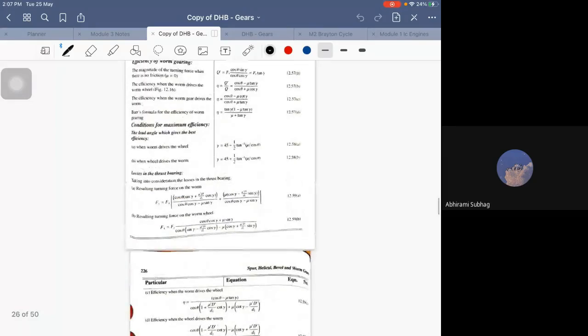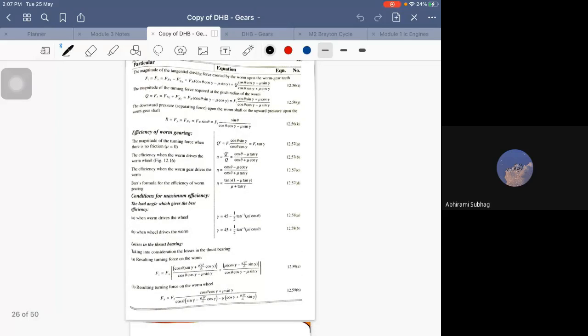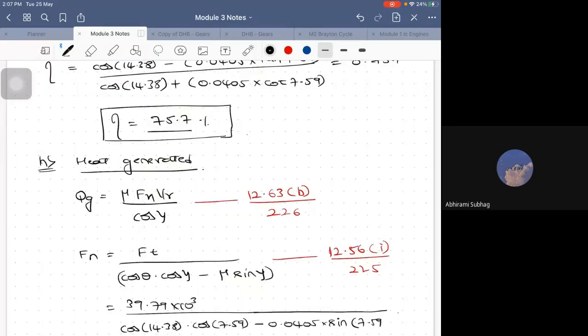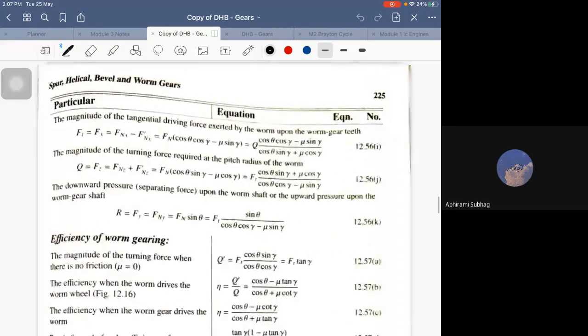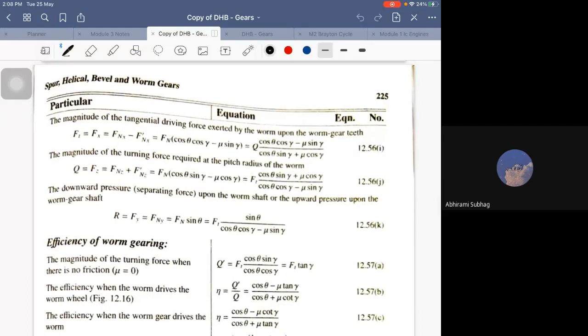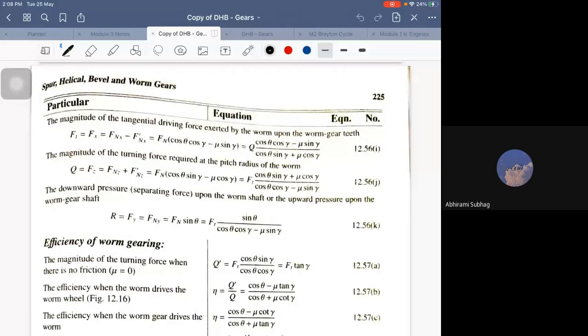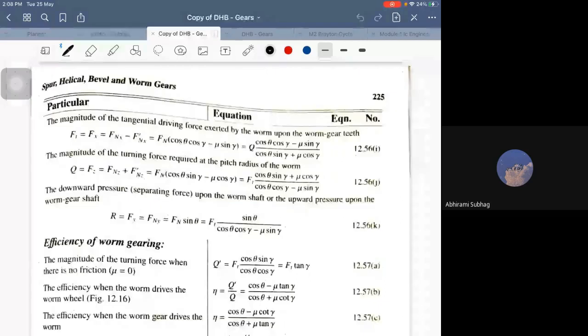Page 225. So here is the equation. Equation number 12.56i. So here it is. Okay, so it's in terms of Ft here, but you require the Fn value, isn't it?